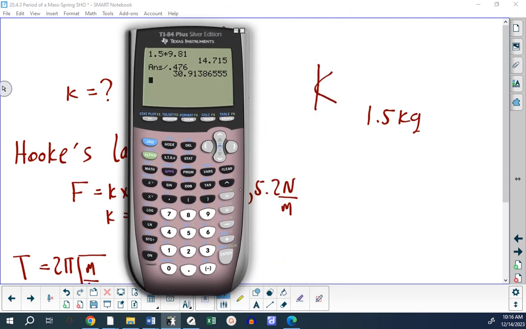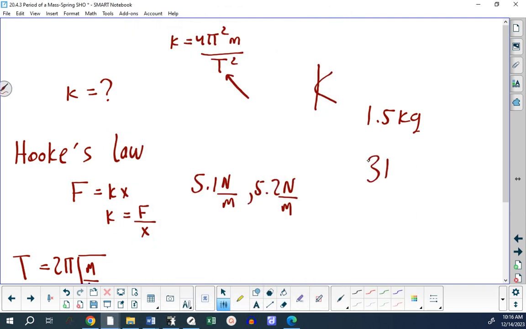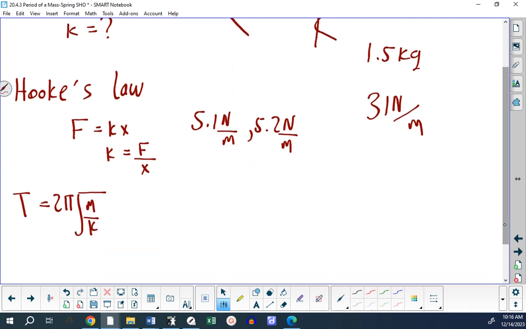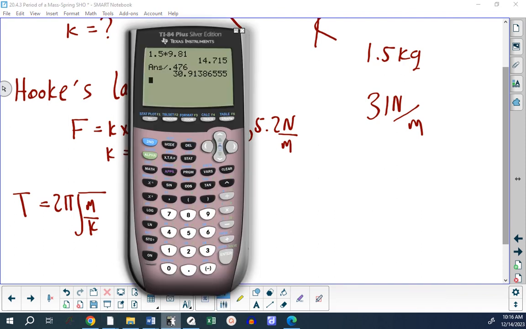We got 31 newtons per meter as a result from Hooke's law. And by the way, for our first spring, didn't we get 5.1 newtons per meter basically as well? Okay. Out of the formula here, what are we going to get? I said 1.14.